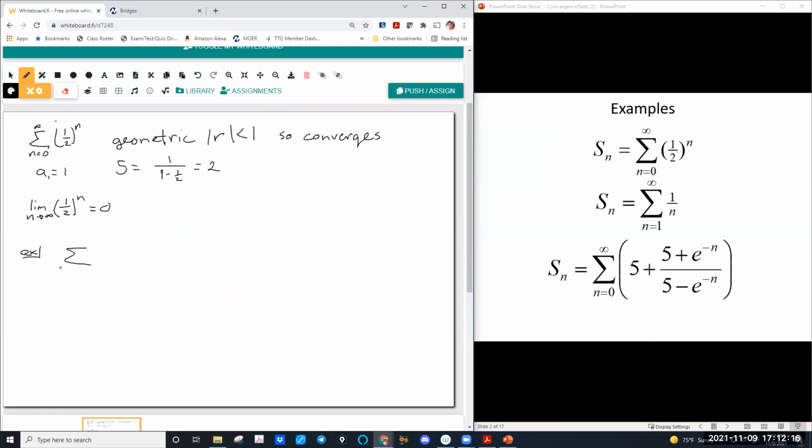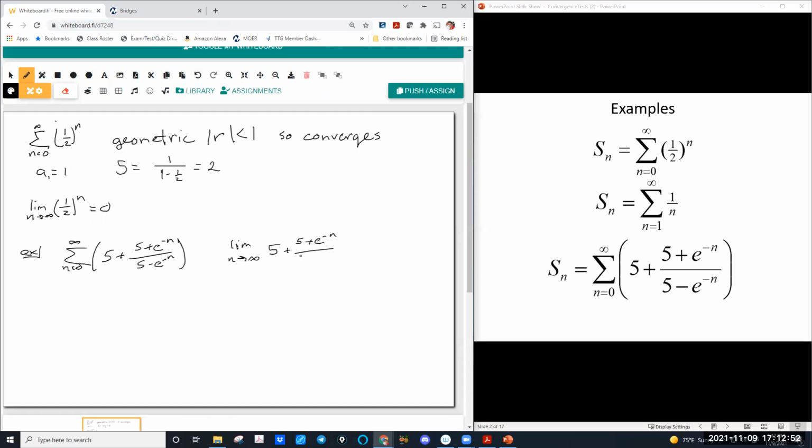Let's take this series here. We're looking at the series from n equals 0 to infinity of 5 plus e to the negative n over 5 minus e to the negative n. What you do is take the limit as n goes to infinity of just the sequence. You don't worry about the sum.